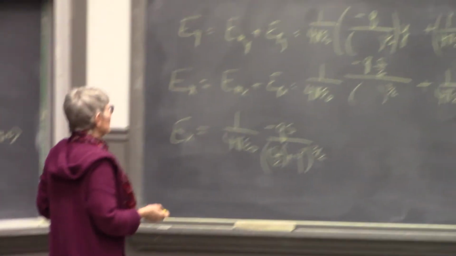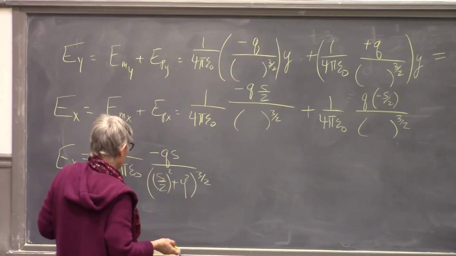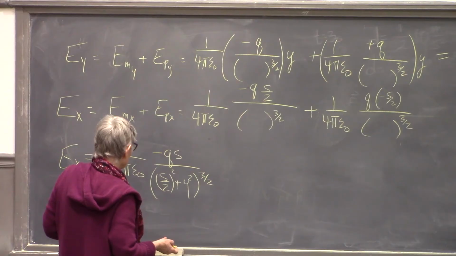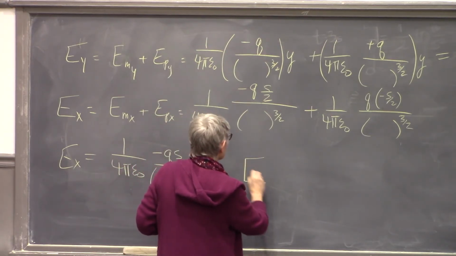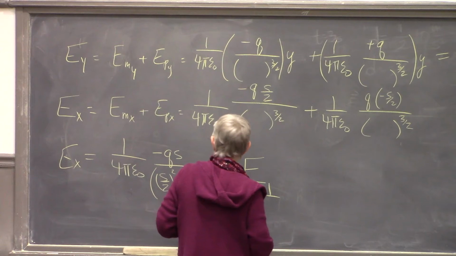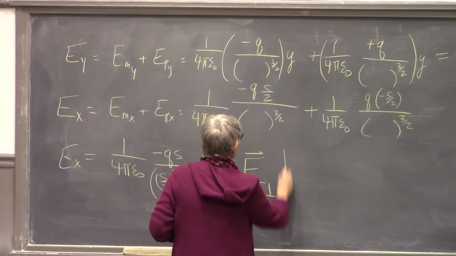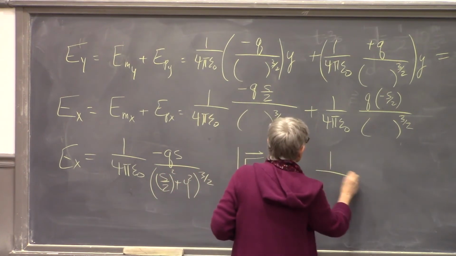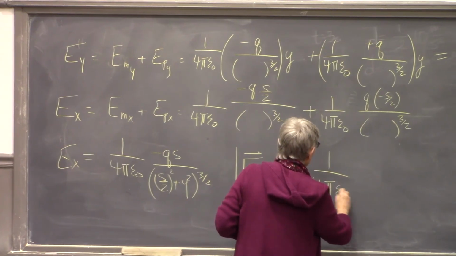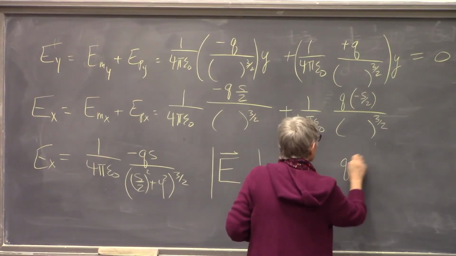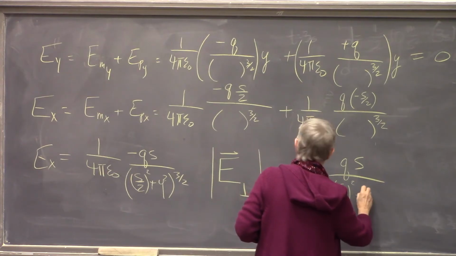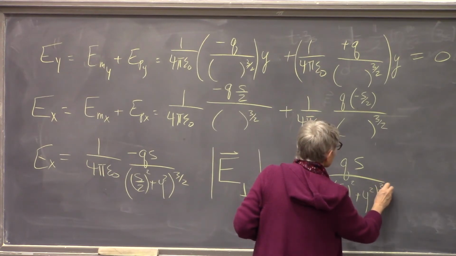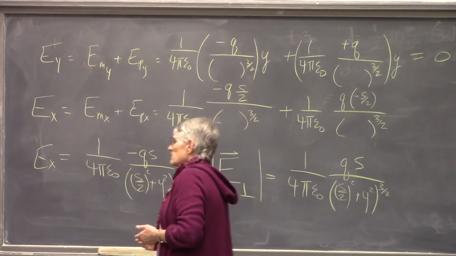And so if we put this all together, the magnitude of the electric field on the perpendicular axis is just going to be equal to 1 over 4 pi epsilon 0 qs over s over 2 squared plus y squared to the 3 halves.